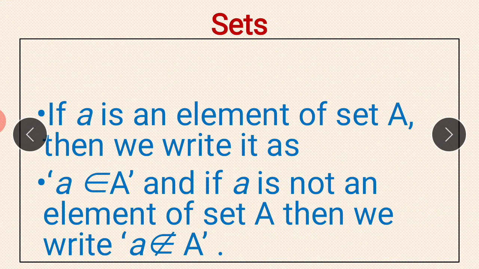If a is an element of a set A, then we write it as a belongs to A. This symbol is read as belongs to. And if a is not an element of set A, then we write a does not belong to A. This is the symbol of does not belong to.